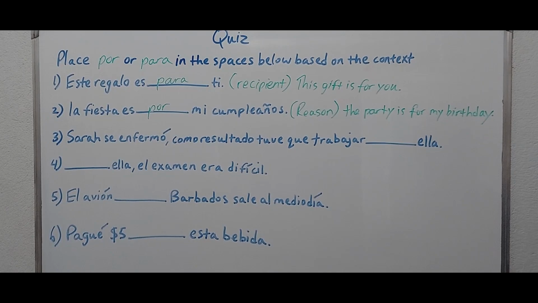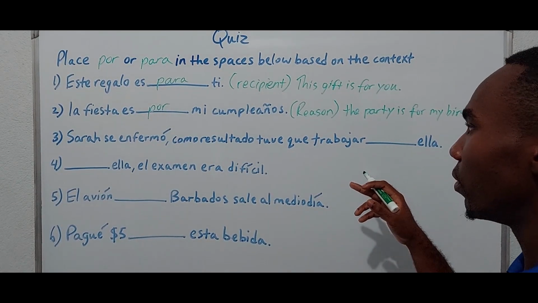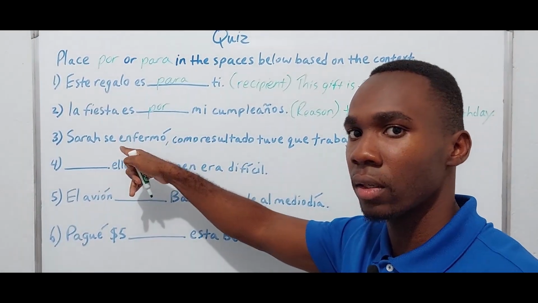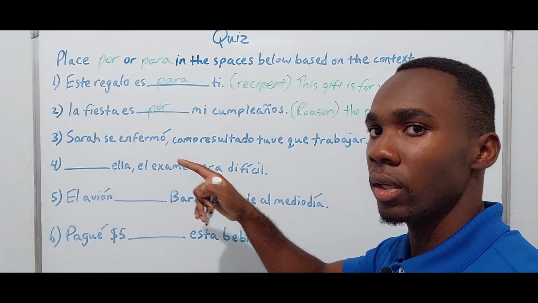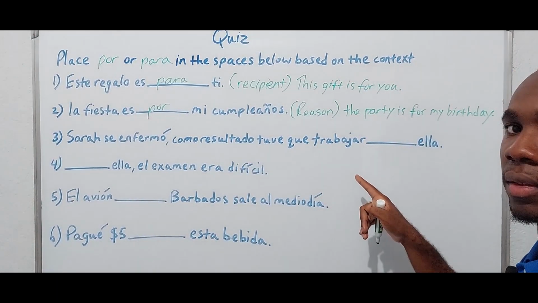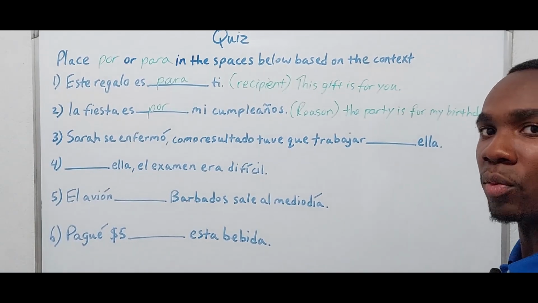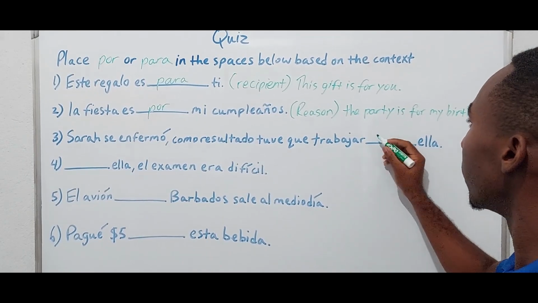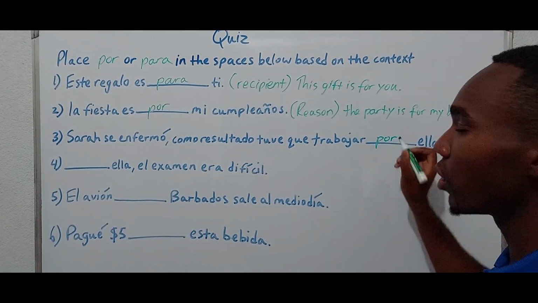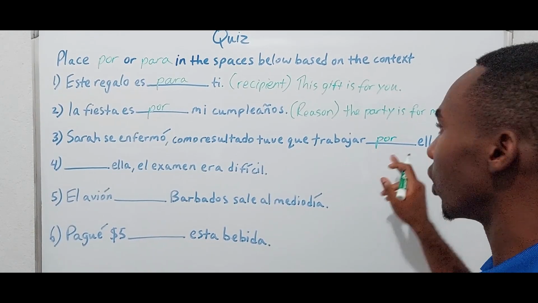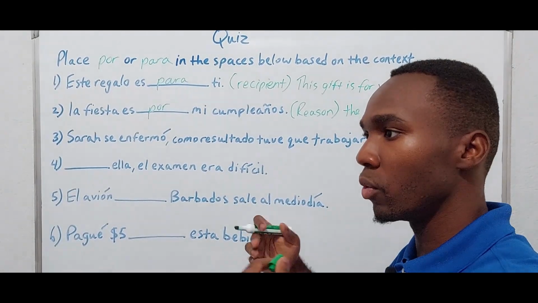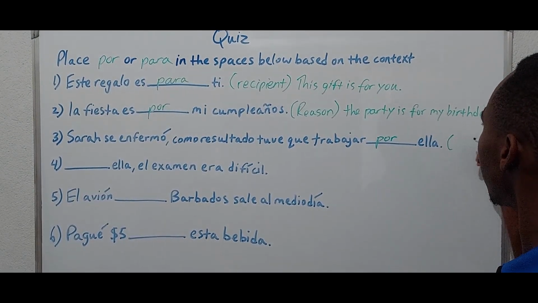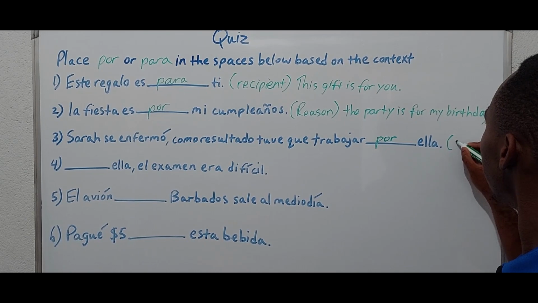So 3. Sarah se enfermó, como resultado tuve que trabajar ___ ella. So you know that this is talking about replacing someone, because if you look earlier, it says she fell ill, she got sick. So that means she was unable to work. And por is used to talk about doing something for someone else's benefit or replacing someone. So por would be our answer here. Por ella. We're not talking about Sarah being your boss. No, we're talking about working on behalf of Sarah, right? So the theme is someone's benefit.